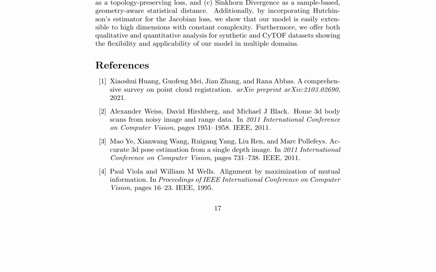The authors emphasize the scalability of their framework, achieved by incorporating Hutchinson's estimator for the Jacobian loss, allowing for extensibility to high dimensions with constant complexity. Both qualitative and quantitative results for synthetic and CYTOF datasets are presented, demonstrating the model's flexibility and applicability in multiple domains.